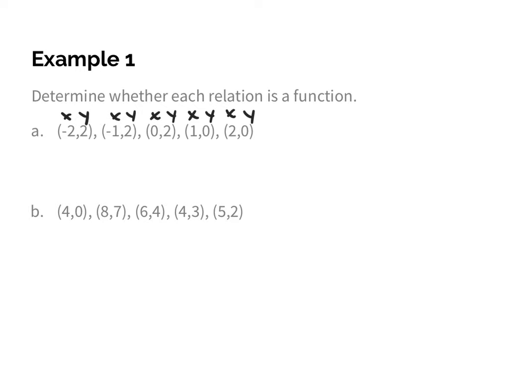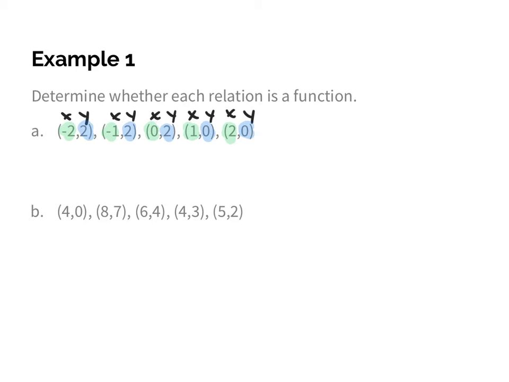So notice that I have all my inputs. My inputs in this case would be the values in front, so it would be -2, -1, 0, 1, and 2. And then my outputs would be the numbers at the end, 2, 2, 2, 0, and 0. So I want to know, is every input paired with one output? So what does that mean?